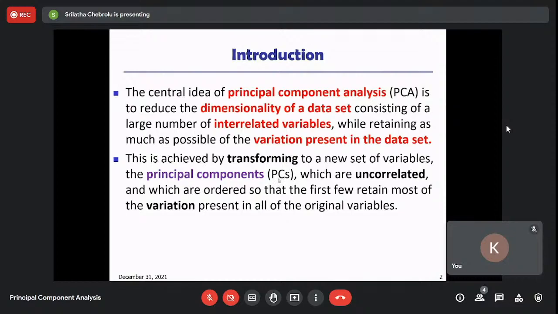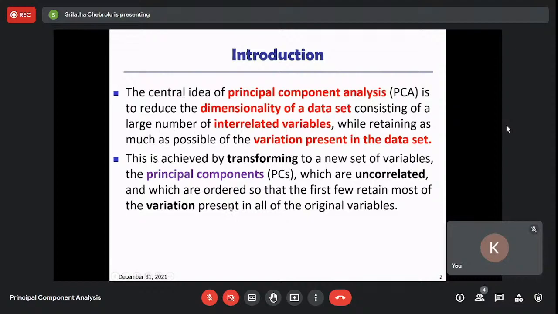These principal components are extracted and ordered so that the first few retain most of the variation. The principal component that gives the maximum variation will be first. Like that, we will obtain some k principal components.